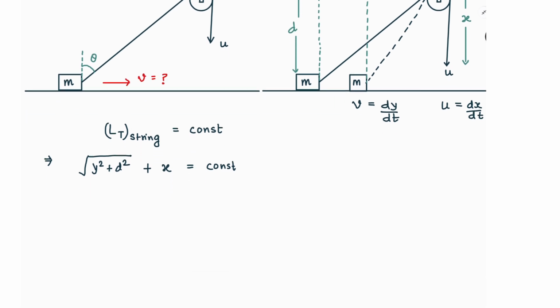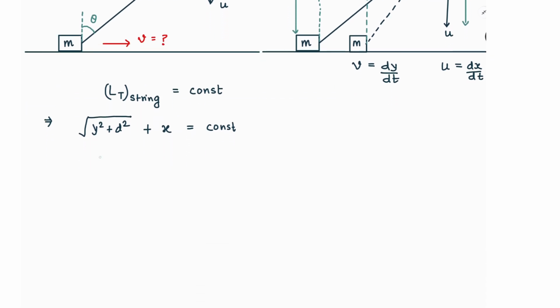Now if we differentiate this expression with respect to time, we write it as 1 by 2 times root under y square plus d square times 2y dy by dt plus dx by dt, and the derivative of a constant is 0.